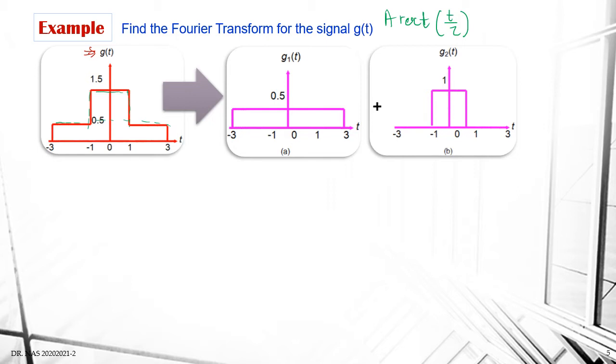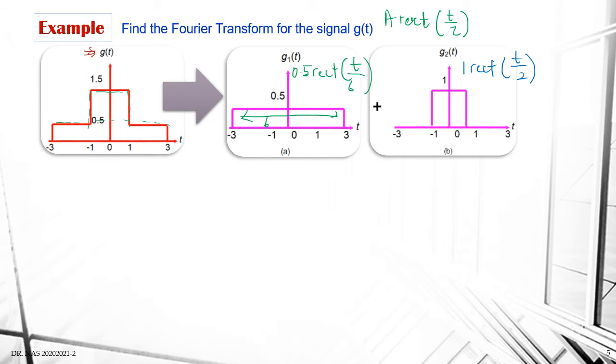In this case, for the first one, g1(t), the equation will be A rect(t over tau), where the width here is 6. For the second signal, A is 1, rect(t over tau), and the width is 2.